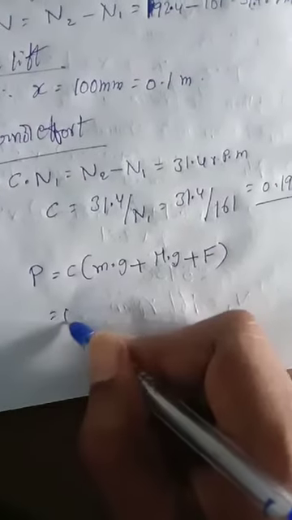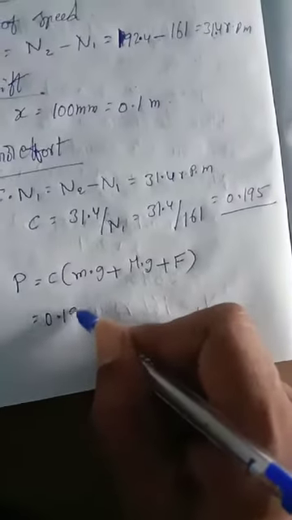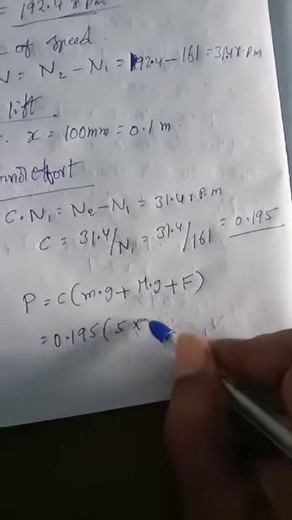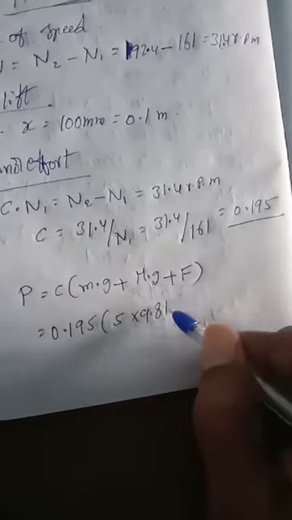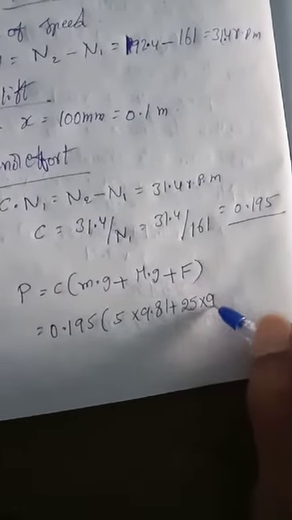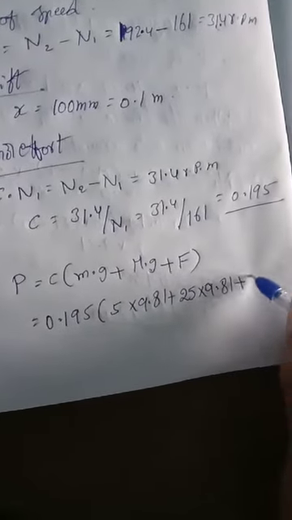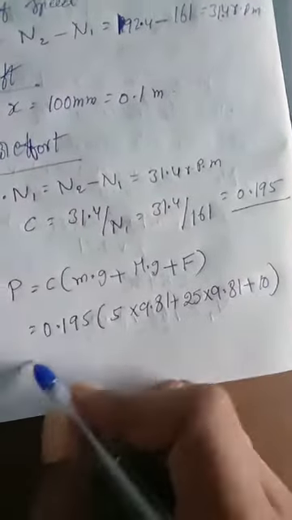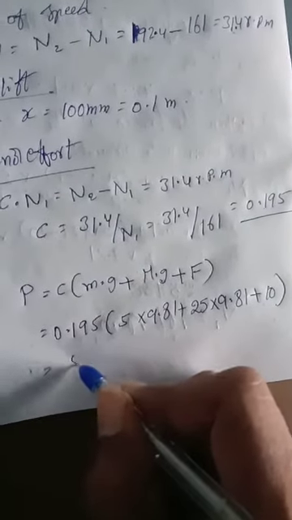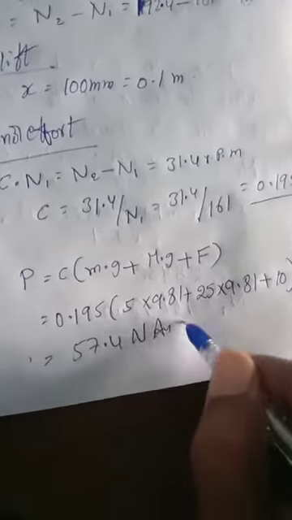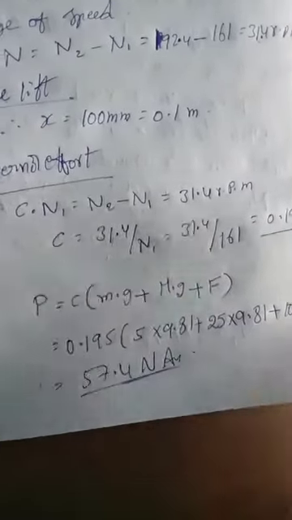Here c is equal to 0.195, so 5 into 9.81 plus 25 into 9.81 plus 10. So calculate this, we'll get the answer 57.4 newtons. This is the effort of the governor.